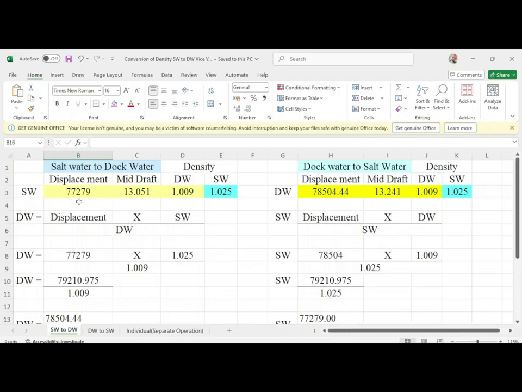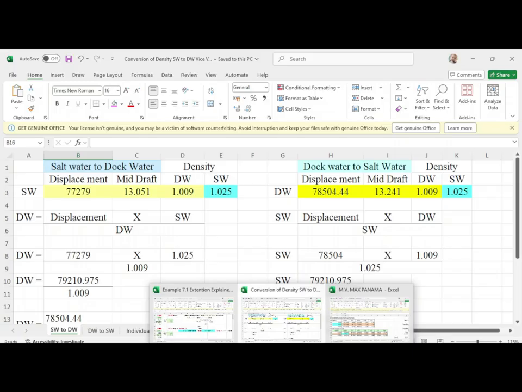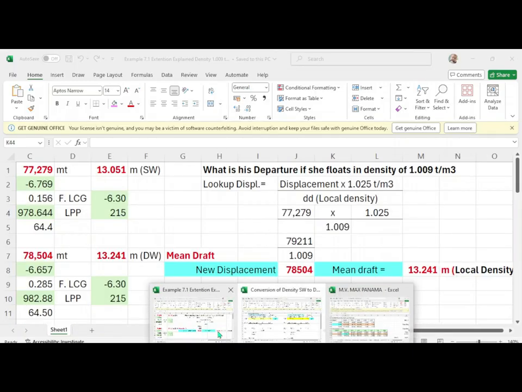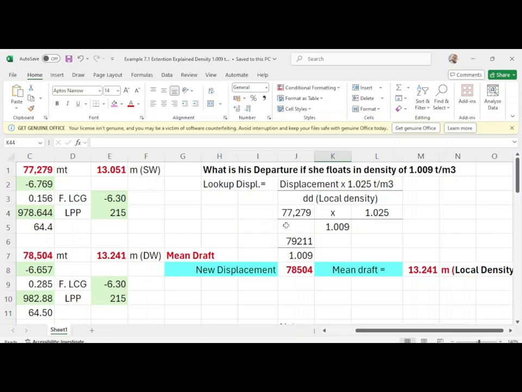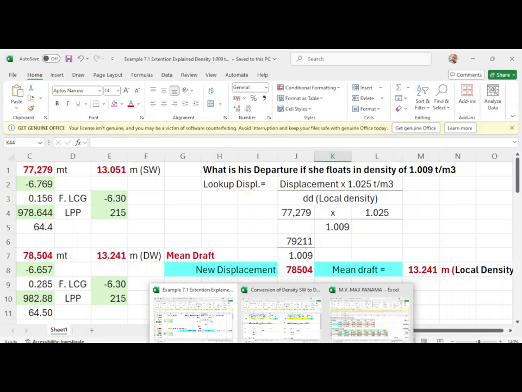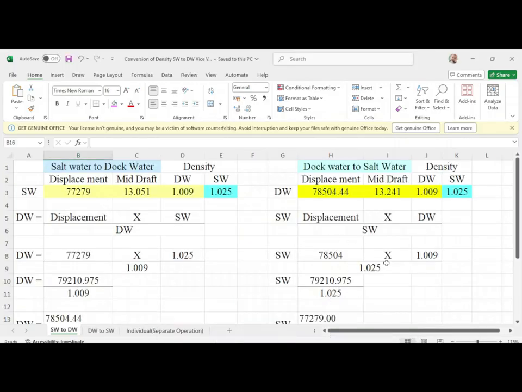So transpose: your salt water displacement is 77,279, times your salt water density of 1.025 over your local density 1.009. The draft of this displacement, 77,279, is 13.051, which is this one.